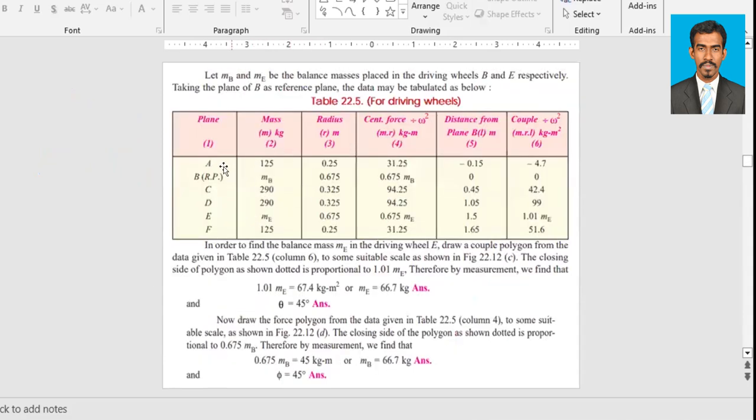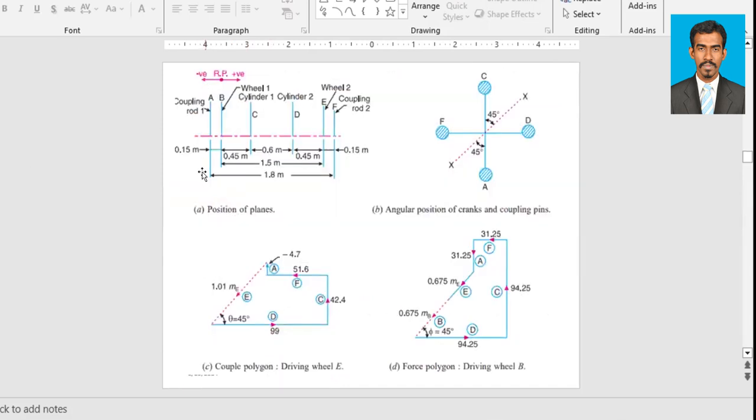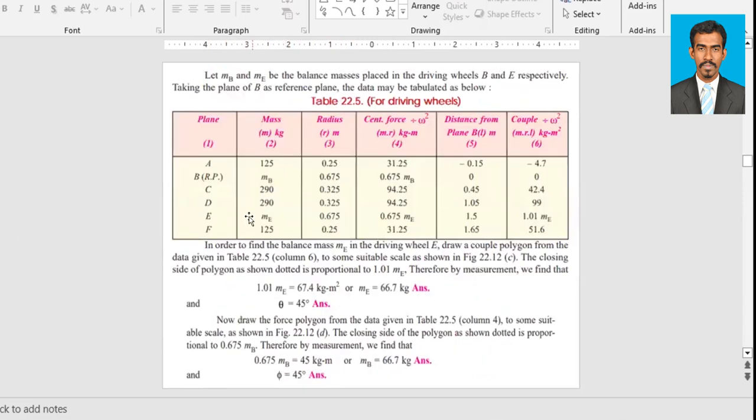So we can see here A is 125 kilogram. According to our diagram, A is the coupling rod, and F is also the coupling rod. So both A and F coupling rods are 125 kilogram, and we'll fix 125 kilogram in this table for each. Similarly, B and E are the balancing masses which we don't know.